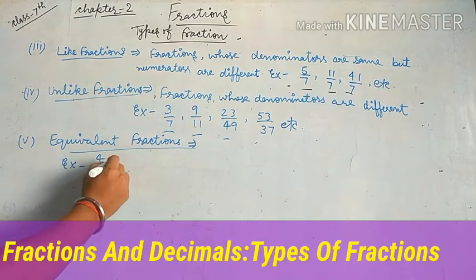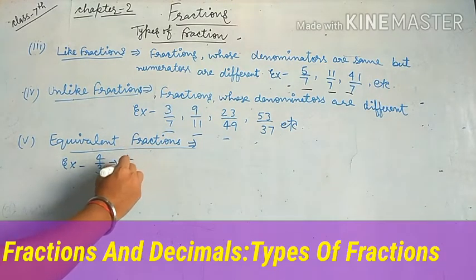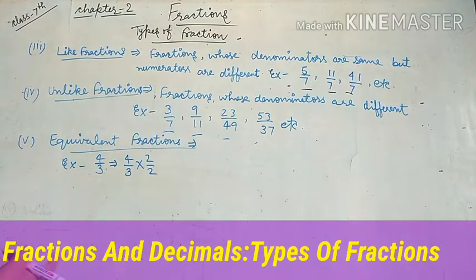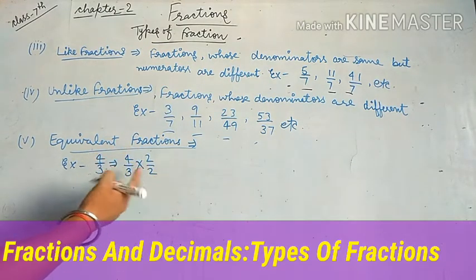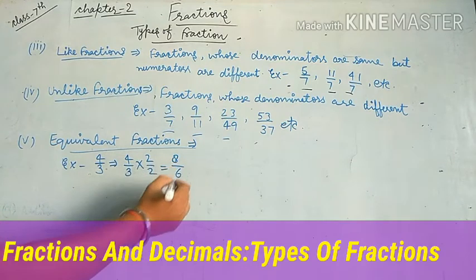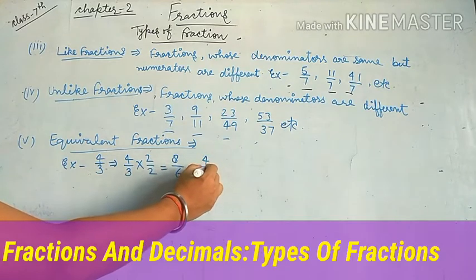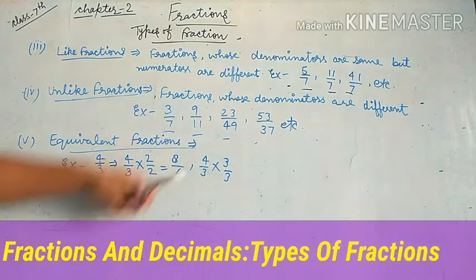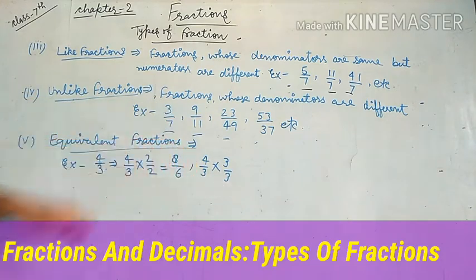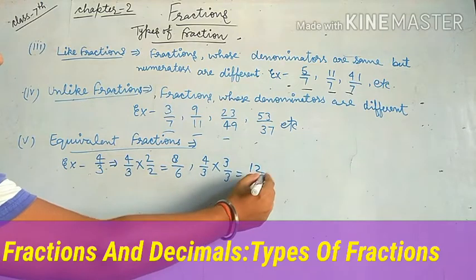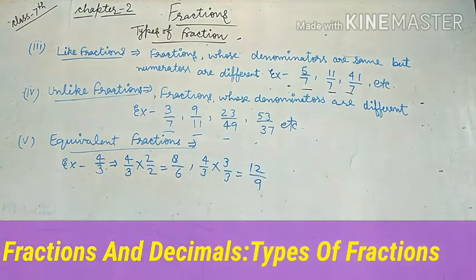Then we multiply 2 upon 2 in it: 2 multiplied in numerator, 2 multiplied in denominator. 2 4s are 8, 2 3s are 6. Next, 4 upon 3 multiplied by 3 upon 3: 3 in numerator, 3 in denominator. So the next fraction will be 4 3s are 12, 3 3s are 9.